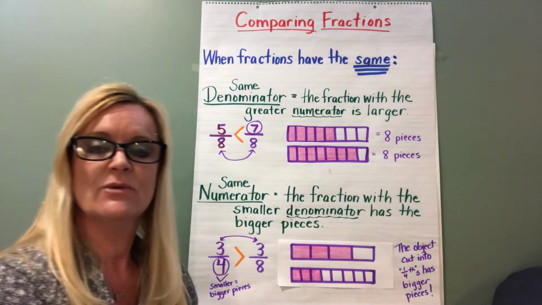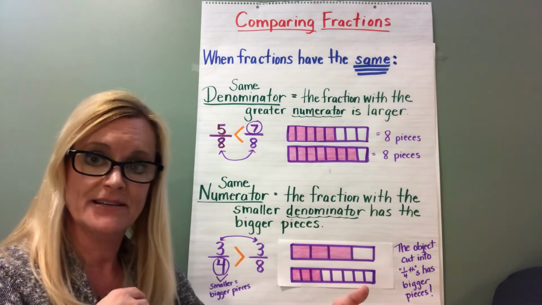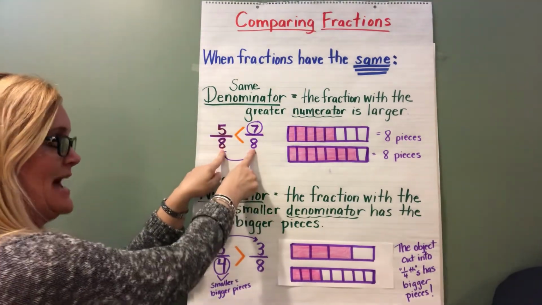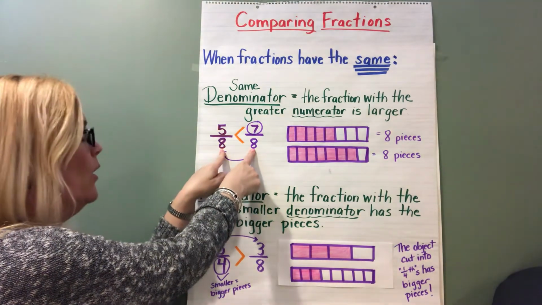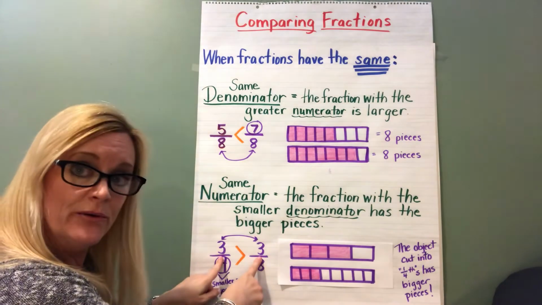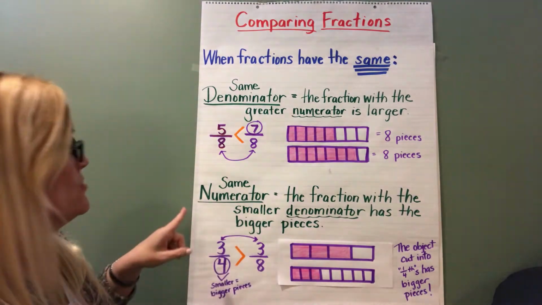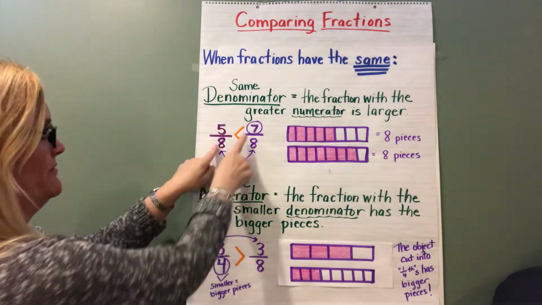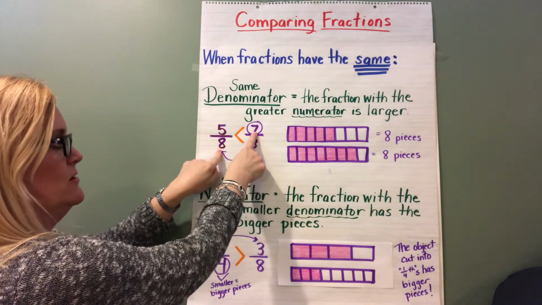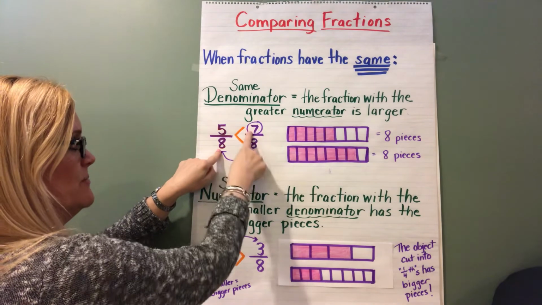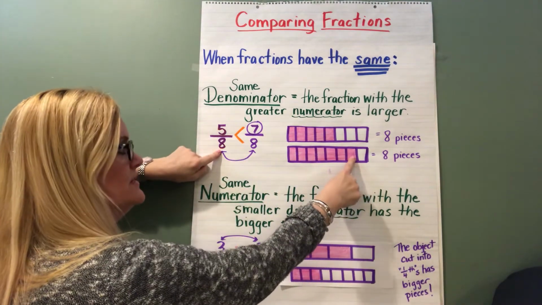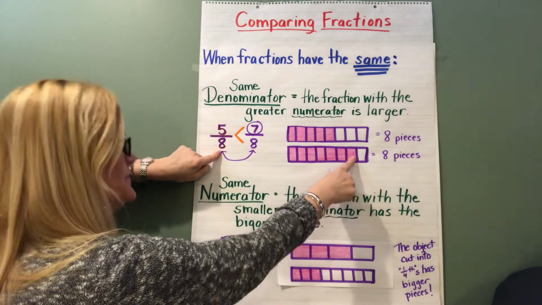So the fractions that we're going to be working on in our Reteach and Practice page will either have 2 fractions that have the same denominator, or 2 fractions that have the same numerator. If it's an equal amount of pieces, we're going to pick the numerator that has the bigger number because that would mean the bigger amount of individual pieces.